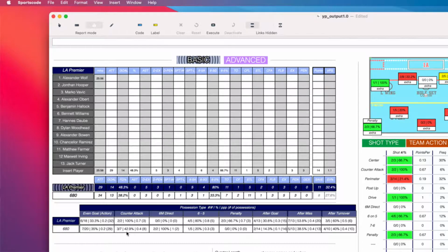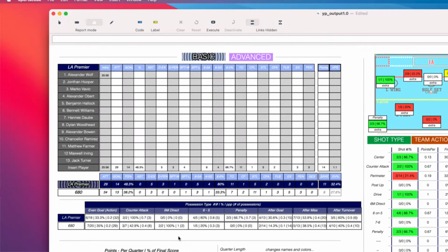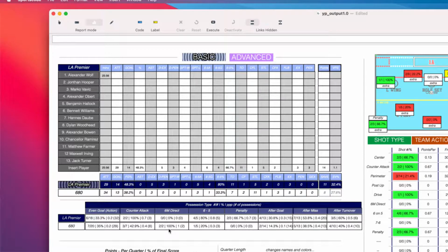In relation, 680's counterattack was much more efficient. On the 6-meter direct, 680 scored 2, where LA Premier didn't take a single one. But as we talked about earlier, the 6-on-5 is massive, which, along with the penalties, really makes things adjusted. They actually drew an exclusion also on the 6-on-5.